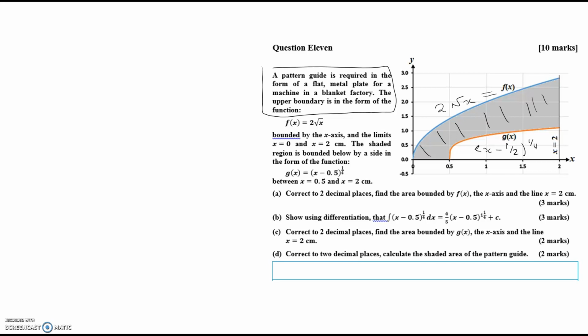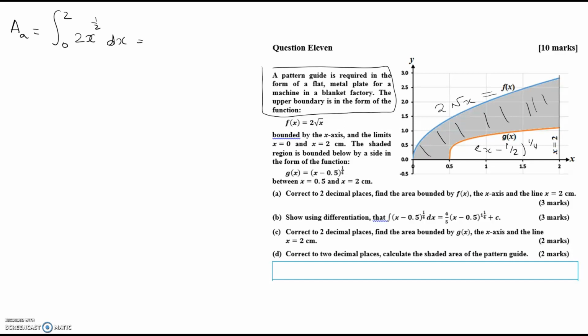So part A says find the area bounded by the curve f, the x-axis, and the line x equals 2. So it's the area under the blue curve. The area that they're talking about in question A is the integral between 0 and 2 of 2 root x. Now we change it to x to the power of a half to make it easy.